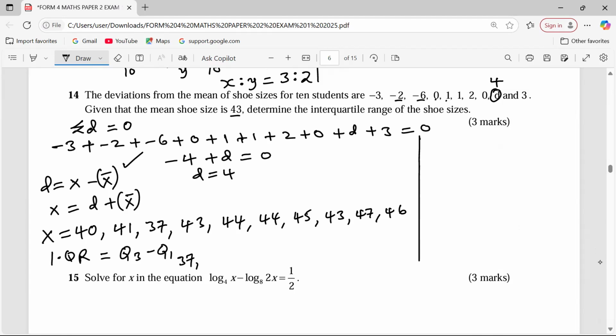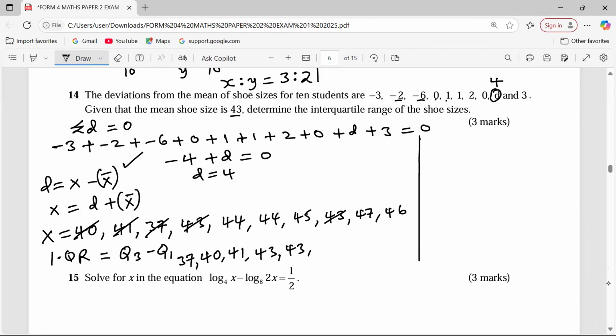comma. Do we have 38, 39? No, so we go to 40. After 40, there is 41. After 41, we don't have 42, but there is 43. After 43, there is another 43.